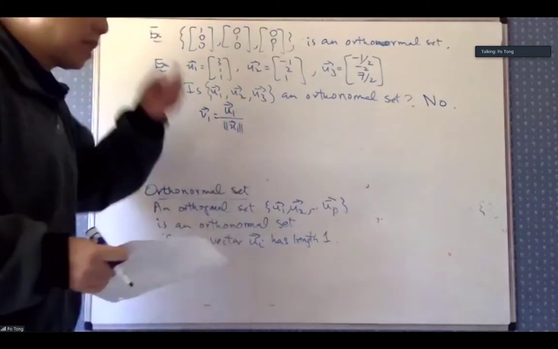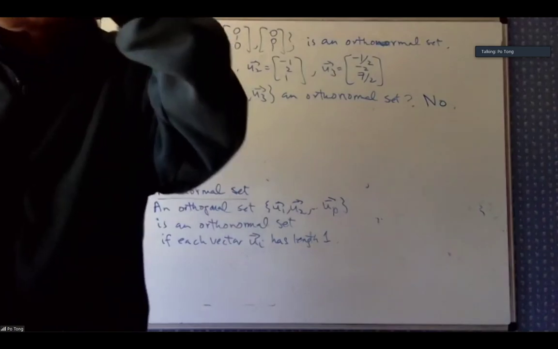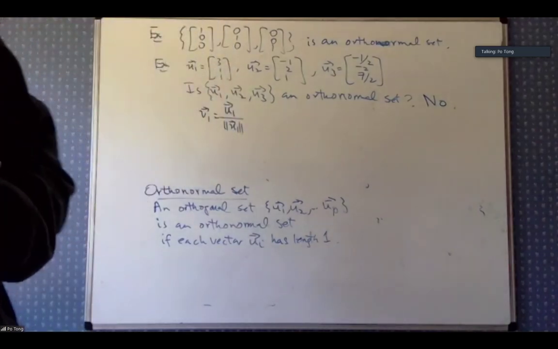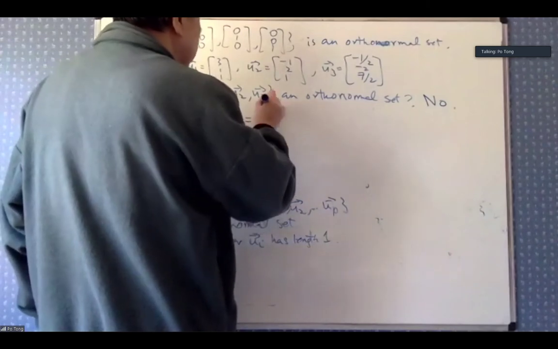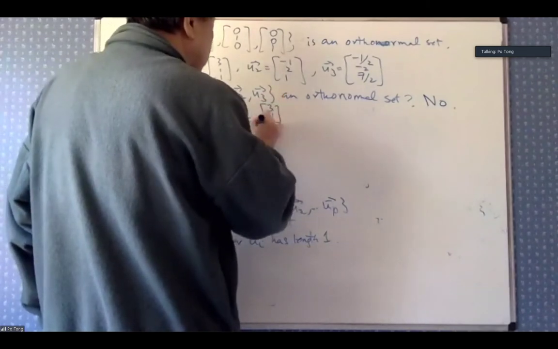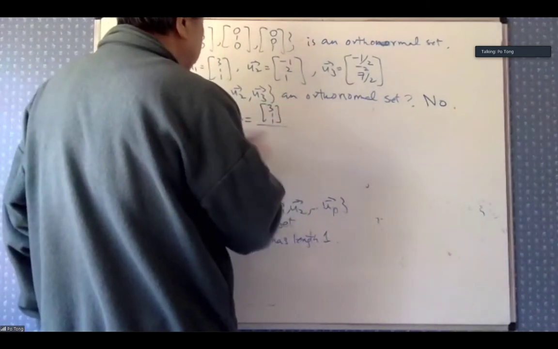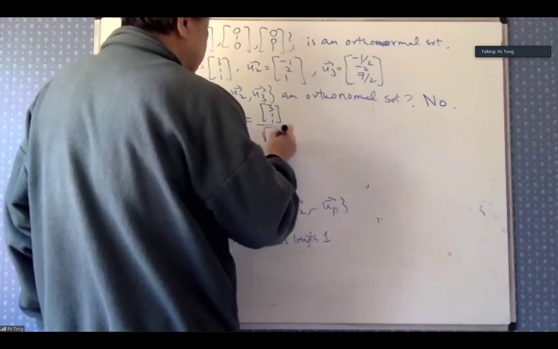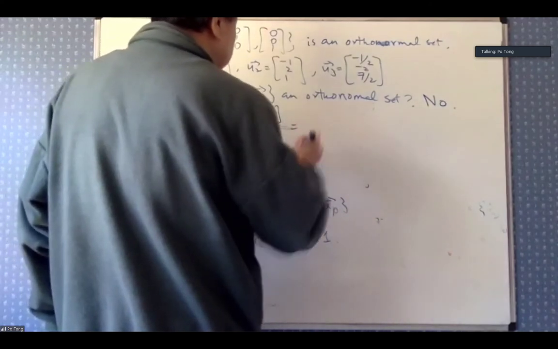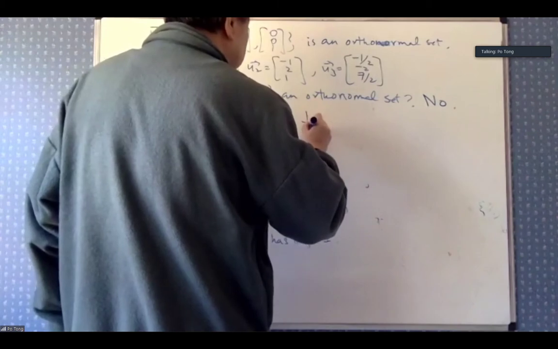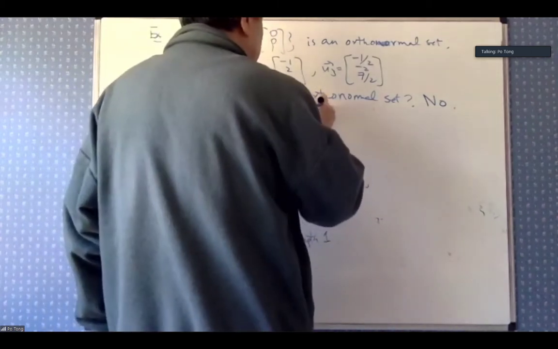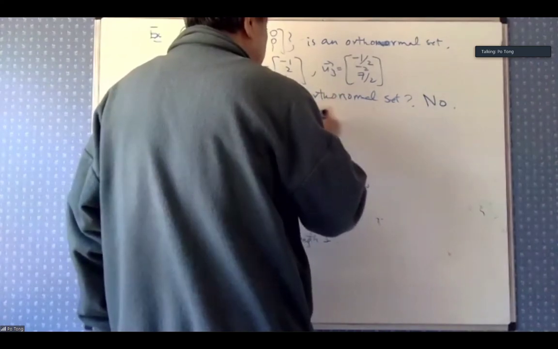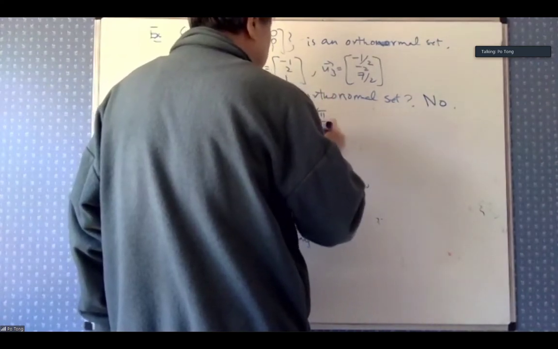You can scale it to make it a unit vector, which has length 1. So this one will be 3, 1, 1 divided by the magnitude, square root 11. So it's 3 over square root 11, 1 over square root 11, 1 over square root 11.